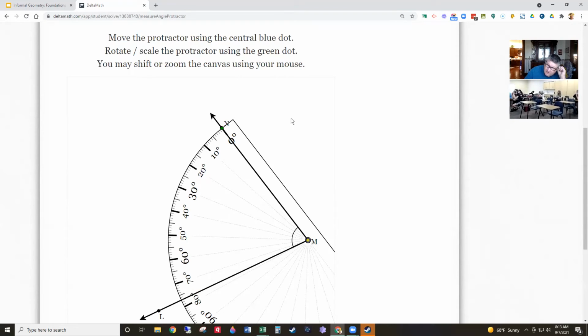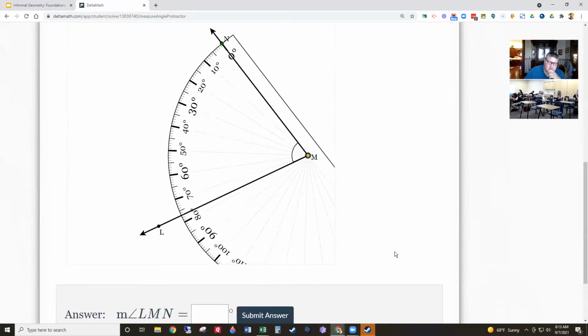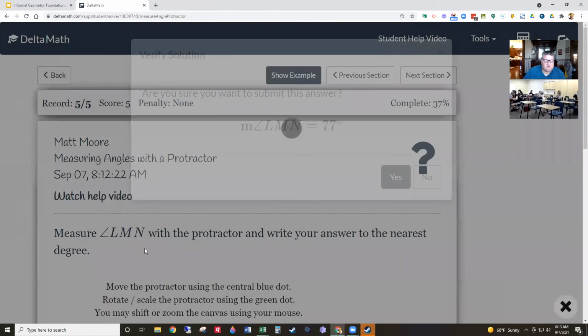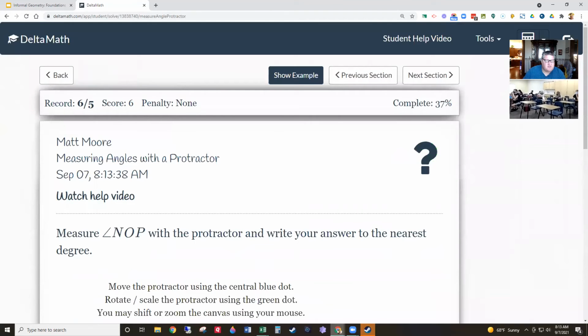About 10, 20, 30, 40, 50, 60, 70. How many? 75. 75 would be more like right up in here. So go 2 more. 77. Let's give it a whirl. There we go. Next problem.